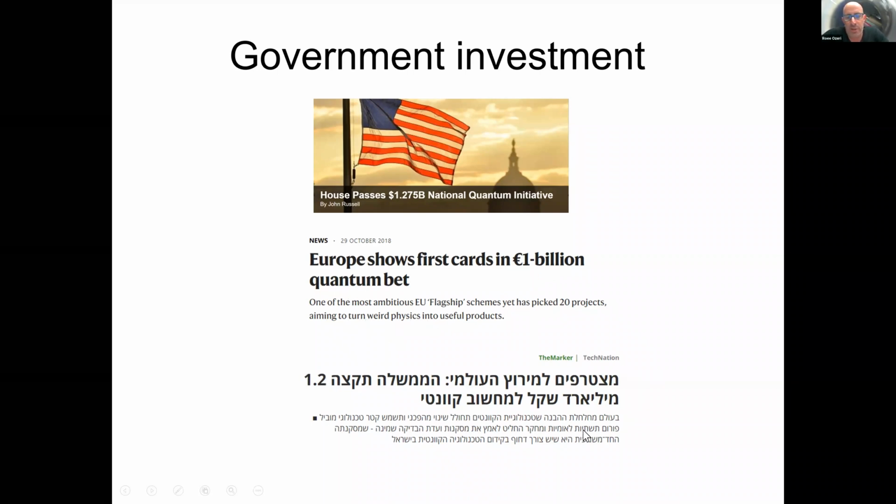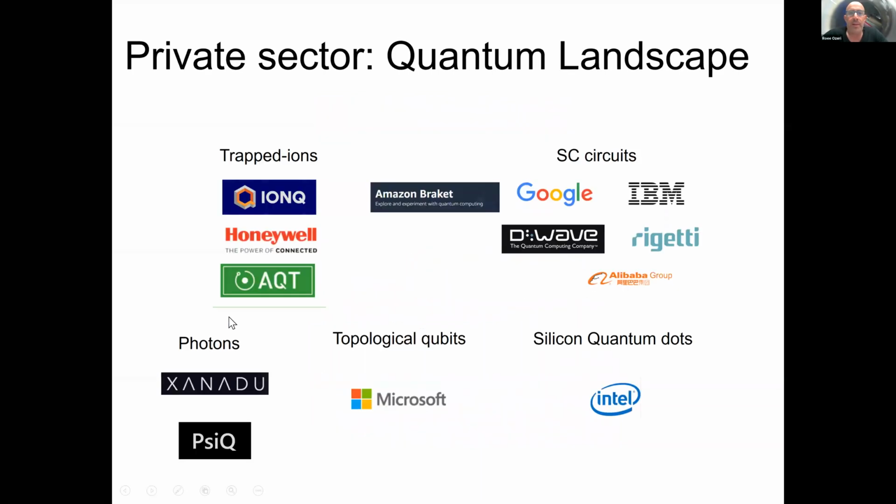Even in Israel, for those of you who read Hebrew, very recently the government allocated 1.2 billion shekel in order to establish quantum computing research and industry in Israel. So I think all governments are very aware of the strategic opportunities and threats that quantum computing holds, and therefore are investing large sums of money in this direction.